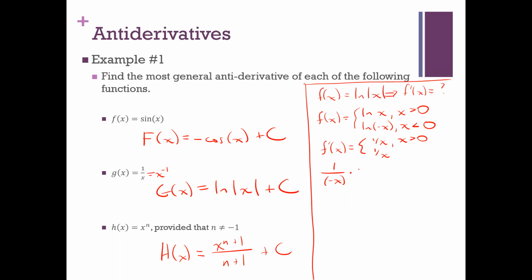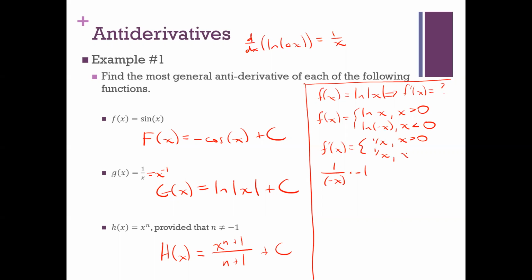But then chain rule says you multiply by the derivative of the inside. This is one of the things we said was special about this derivative here, natural log of ax. That's equal to 1 over x no matter what real number a is.